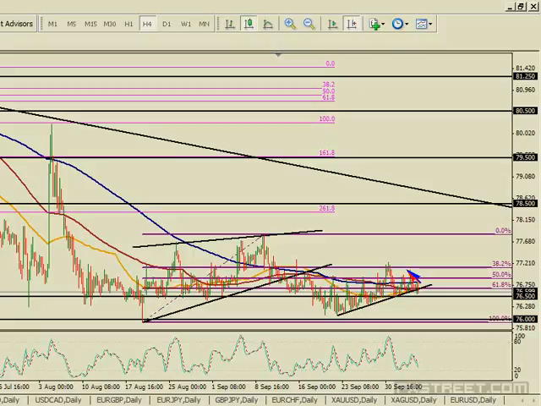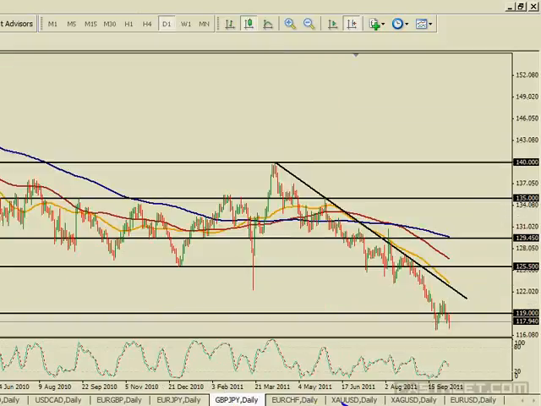But I'm not looking at a lot of opportunities on dollar yen because of this very frustrating sideways consolidation. Until and unless this consolidation is broken, not much in the way of dollar yen opportunities. Although we see on the yen crosses, euro yen, pound yen, some good downside moves on both of these, mainly because of the weakness of the euro and the weakness of the pound.